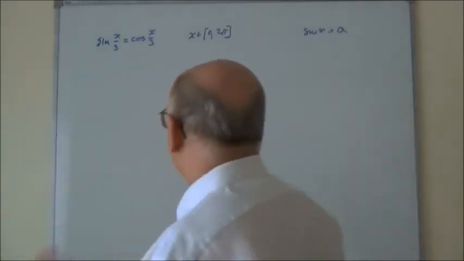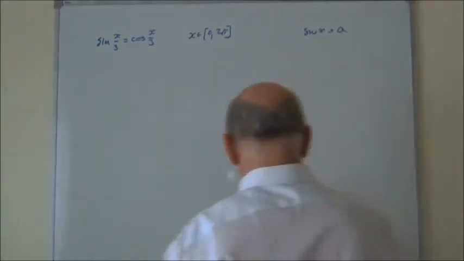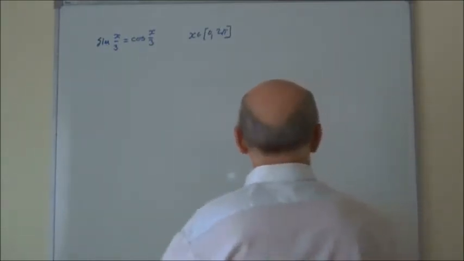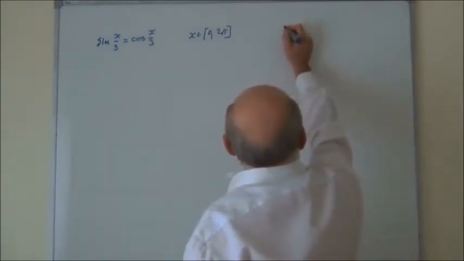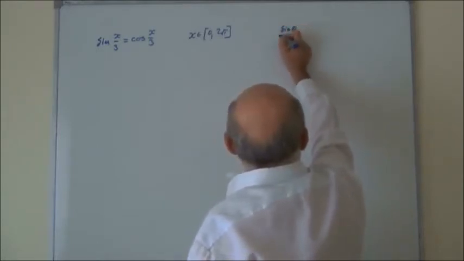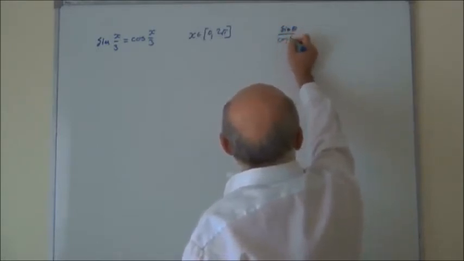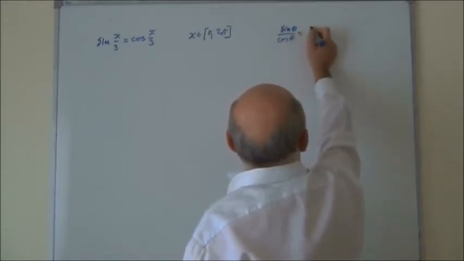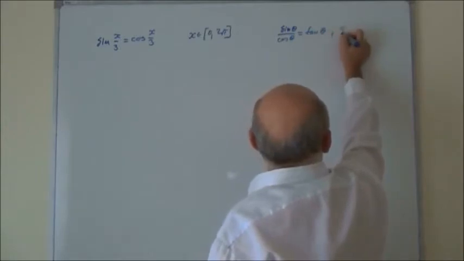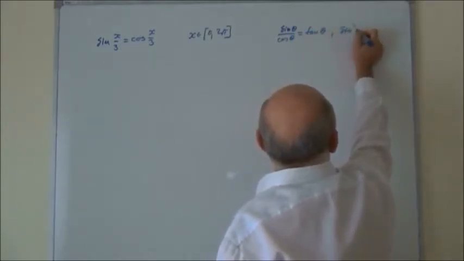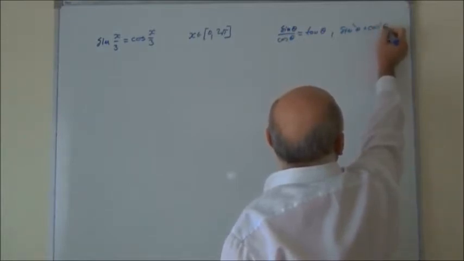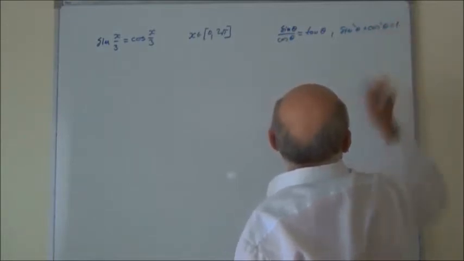So we have to call those formulas to help us. I want to remind you: sine theta on cosine theta equal tangent theta, and the other one is sine squared theta plus cosine squared theta equal 1.